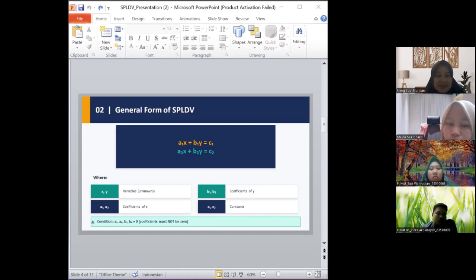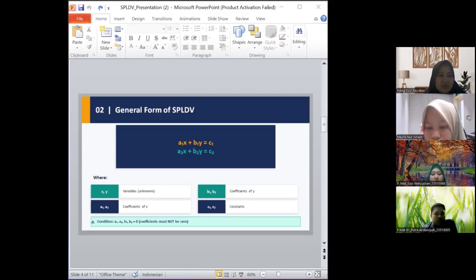Sure, let x be the price of a pen and y be the price of a pencil. Since I buy three pens and two pencils for 30,000 rupiah, that gives 3x plus 2y equals 30,000.